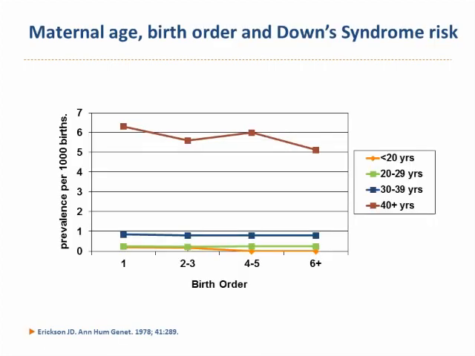This is confirmed when we conduct a stratified analysis in which we construct strata of age, maternal age, and we look at the prevalence of Down syndrome births within each of these age categories.